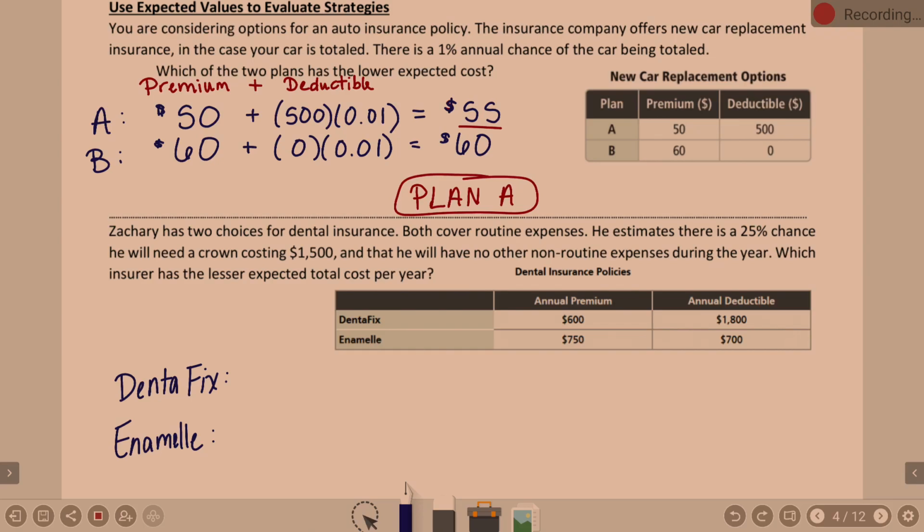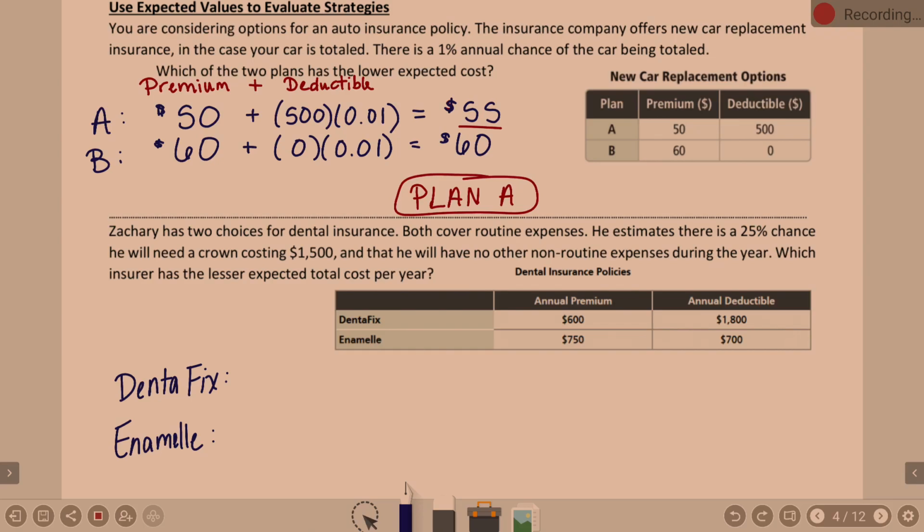So he'll have to pay up to $1,800 of this crown before insurance starts paying the rest. Whereas with enamel, it's a little bit higher premium. He has to pay $750 for the year to have it, but he only has to pay $700 for non-routine expenses before insurance starts kicking in and covering everything.